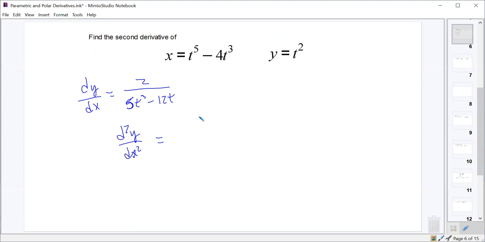You could use the reciprocal rule, right? The negative 2 times the derivative of this, which is 15t squared minus 12, divided by 5t cubed minus 12t, squared.